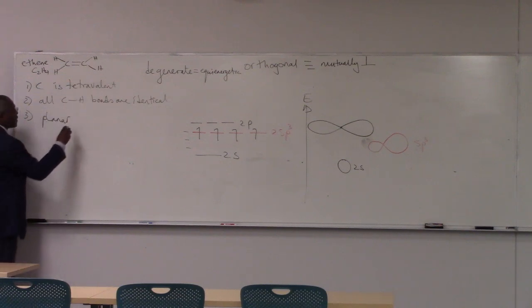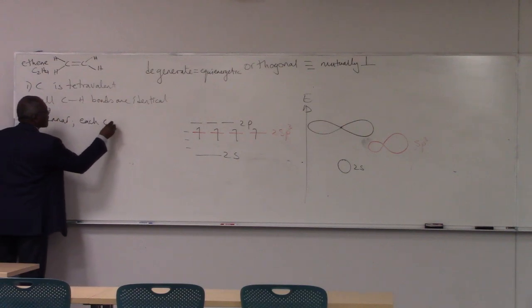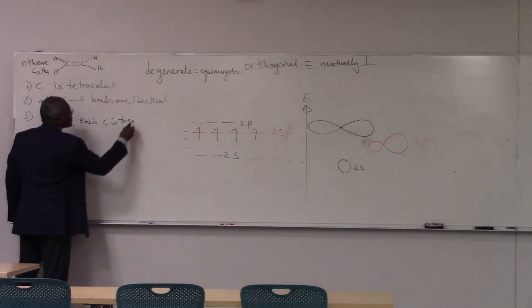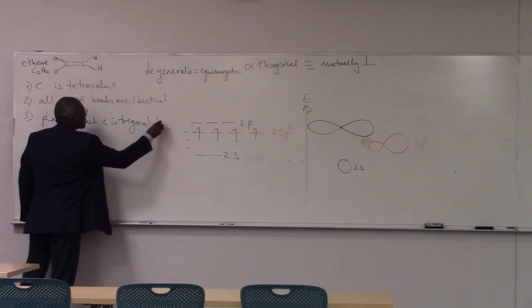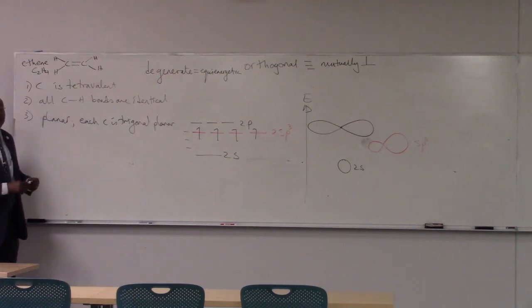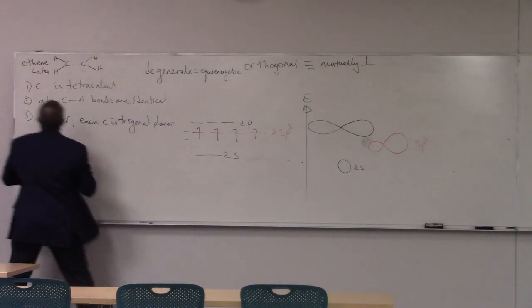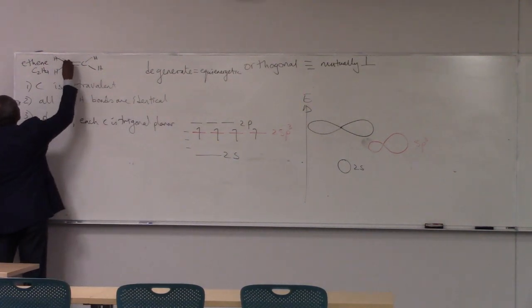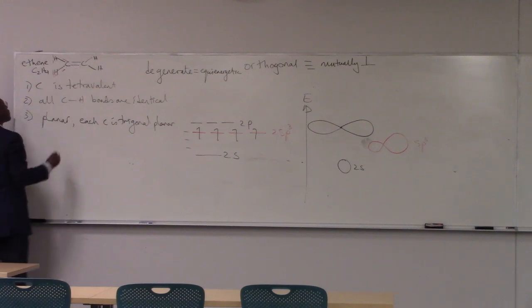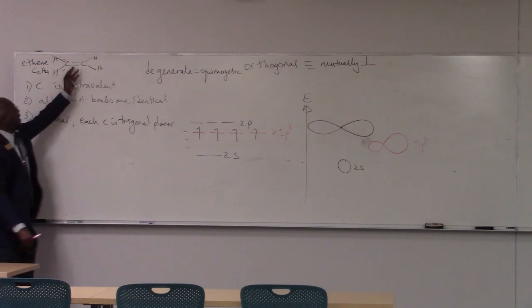The molecule is planar, but each carbon is trigonal planar. In other words, each carbon sits at the center of a flat triangle. And you can see that here, right? You can imagine this as being a triangle. So each carbon sits at a triangle, so that the two flat triangles merge, if you will, and you make a planar structure.